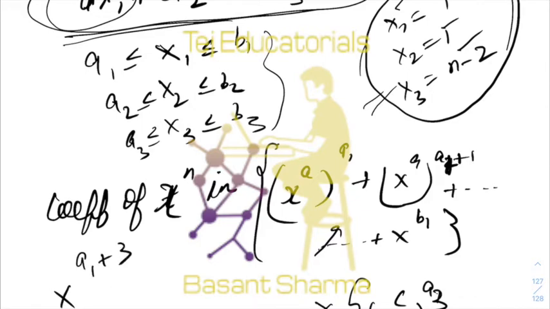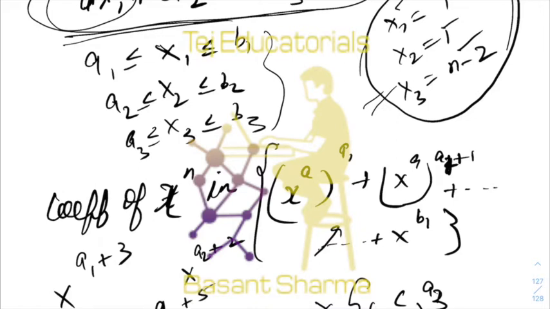Okay, and I choose x to the power a2 plus 2 from the second bracket, and I choose x to the power, let's say, a3 plus 5 from the third bracket.